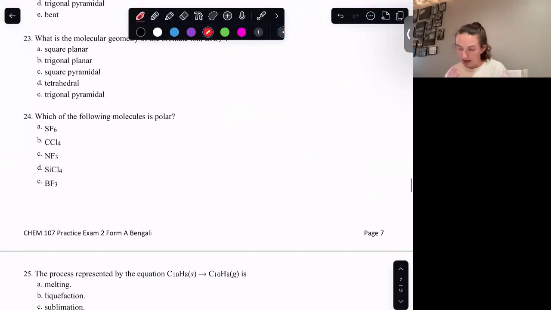Okay. And then for 24, we have which of the following molecules is polar? So again, you would like to write all the structures for this one.